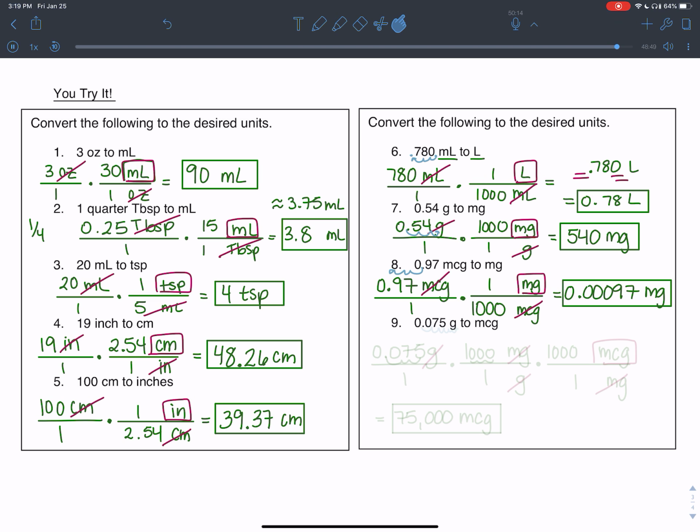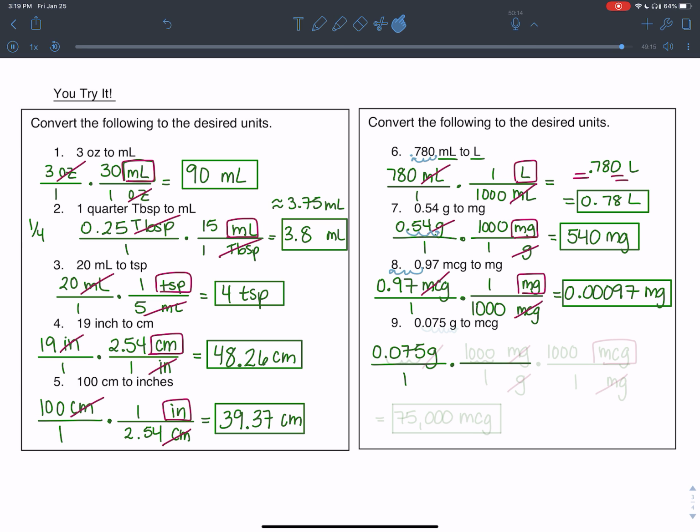All right, so what if I wanted to convert from grams to micrograms? So this is going to be lovely. Our conversion rates are 1,000 milligrams to gram, and 1,000 micrograms to milligrams. So we can use them both. I just want to have a 2-step conversion.